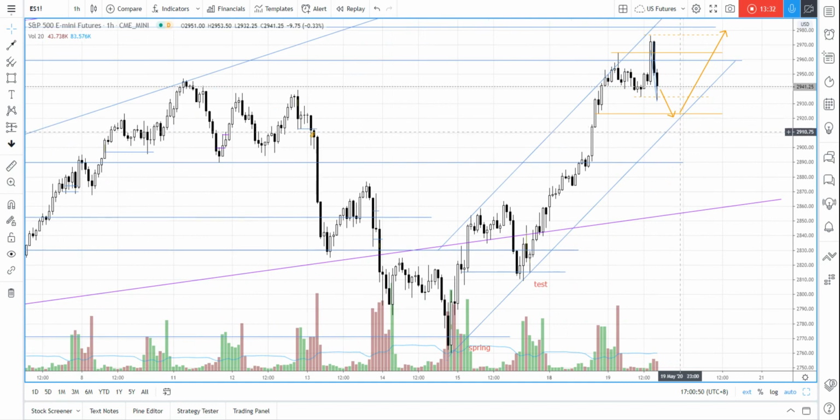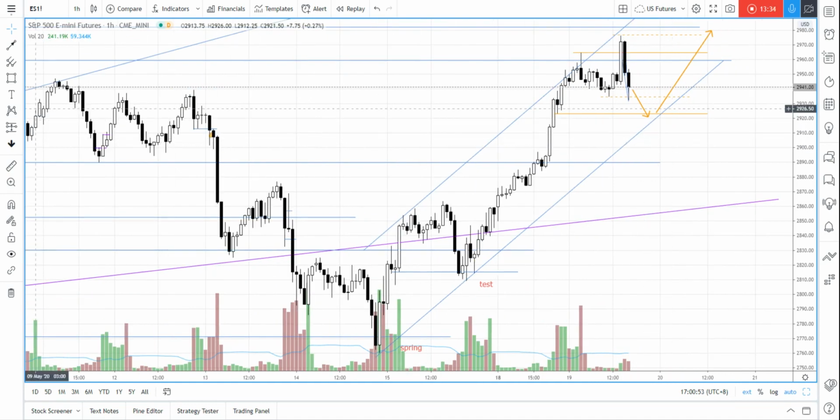I think for the potential setup, just like what I mentioned, I would like to see the bounce up from here, from 2920. Then if I see a bounce from the level 2920, then I can maybe initiate a long position.